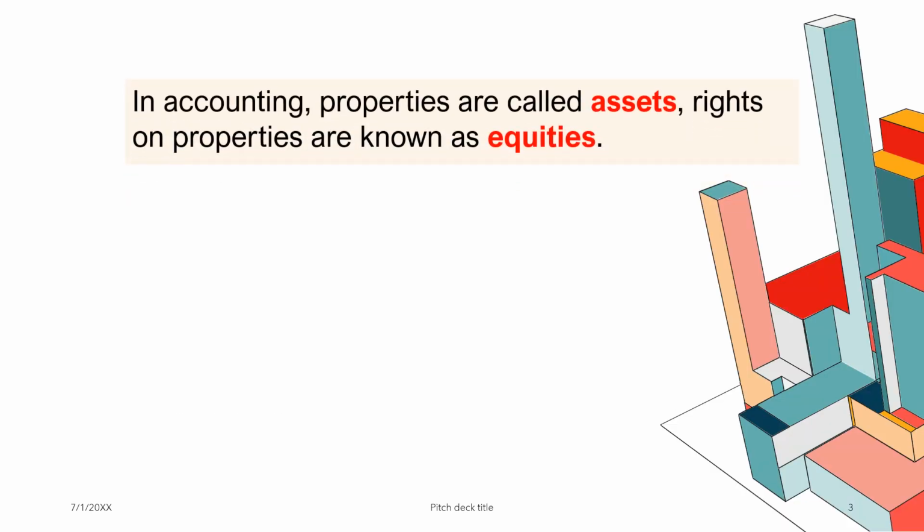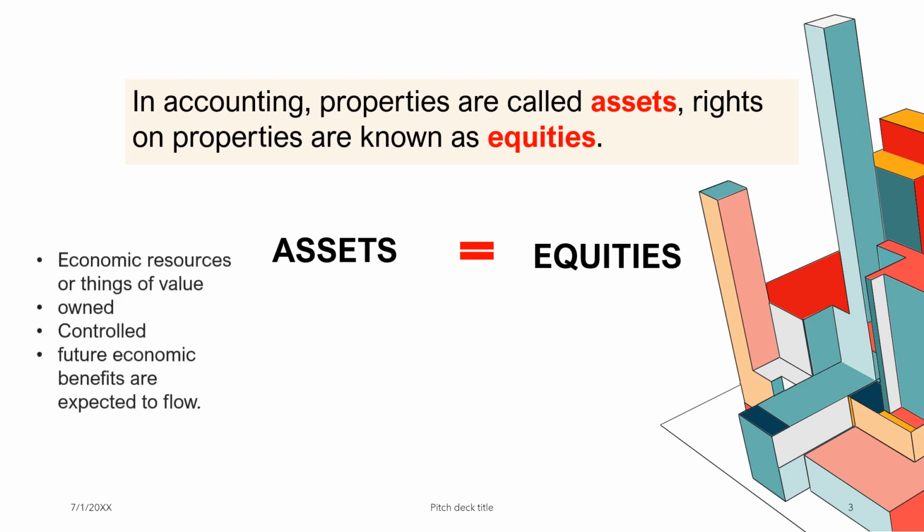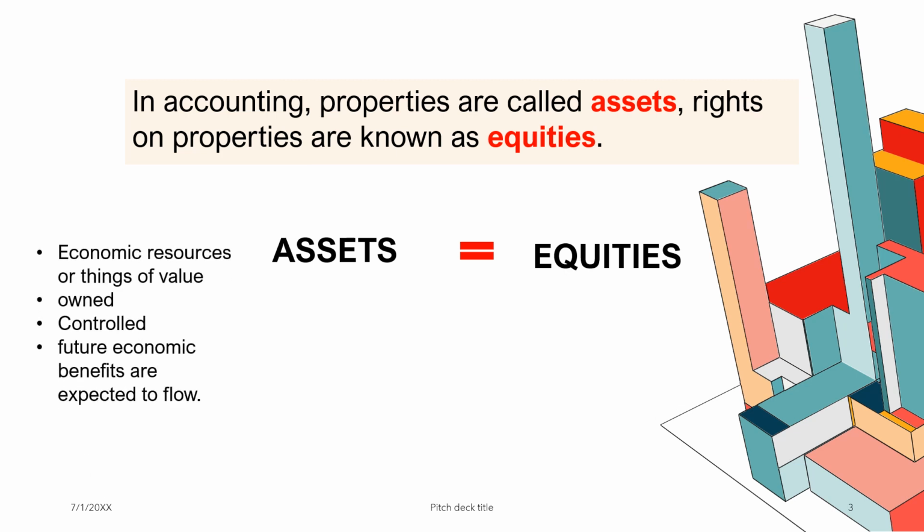In accounting, properties are called assets, and rights on properties are known as equities. If we are to show the relationship through an equation, we have here assets equals equities. Assets are economic resources or things of value owned and controlled by the enterprise from which economic or future economic benefits are expected to flow.